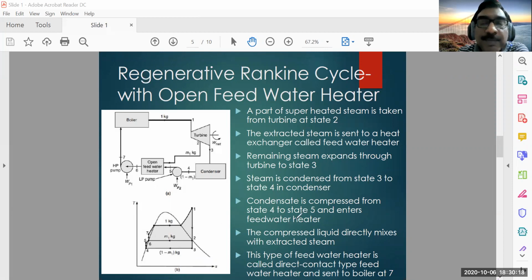From 6, the compressed liquid directly mixes with the extracted steam. This is the extracted steam, the m1 kg. So that will be mixing directly. And this type of feed water heater is called the direct contact type feed water heater.